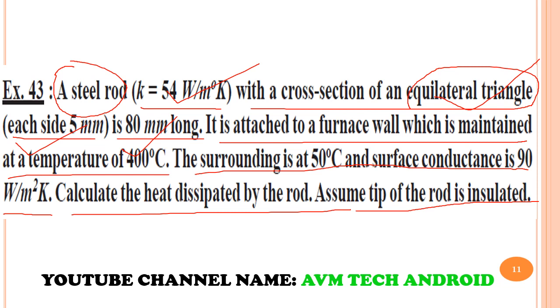Now it is given that the base temperature is 400, the surrounding temperature is 50, and the convection heat transfer coefficient is 90 watt per meter square Kelvin. We have to calculate the Q value. Simple. So friend, I hope this data is clear to you, and now we have to go for the solution of this problem.